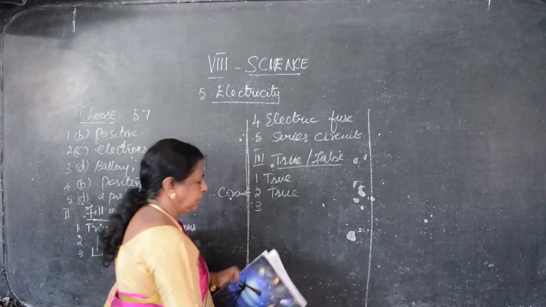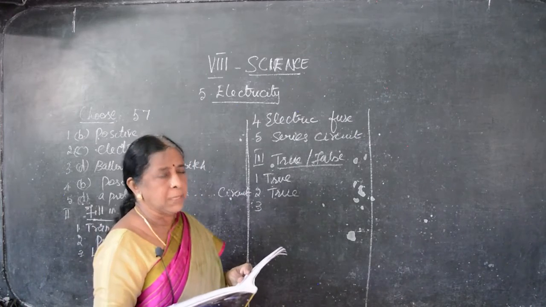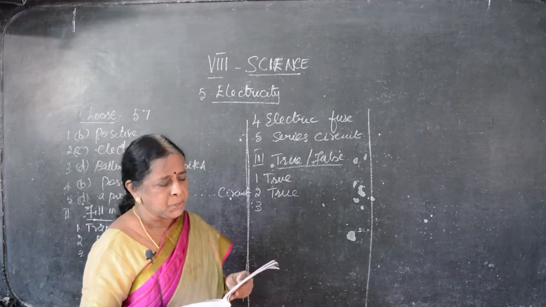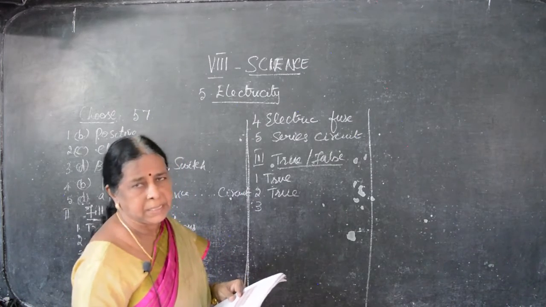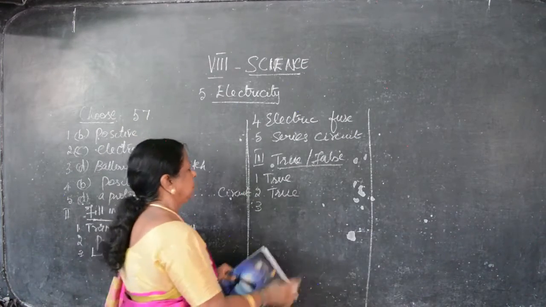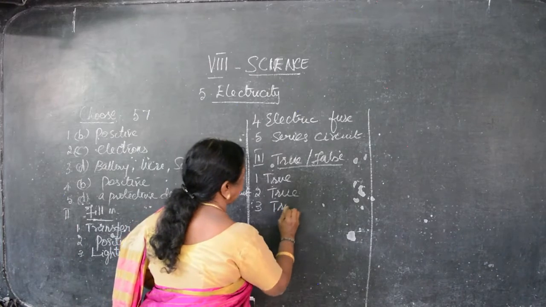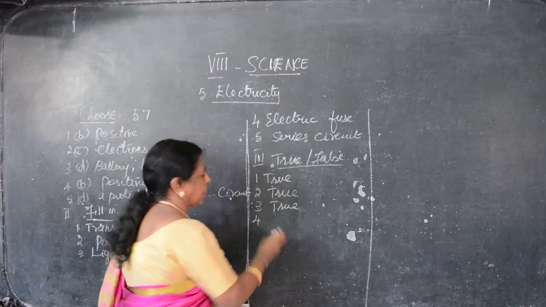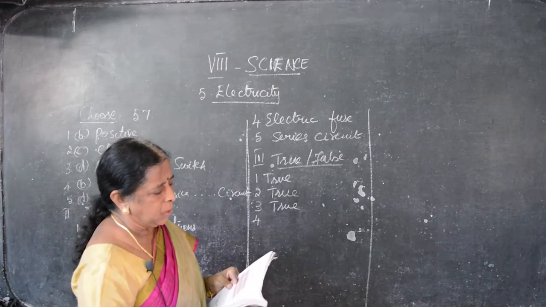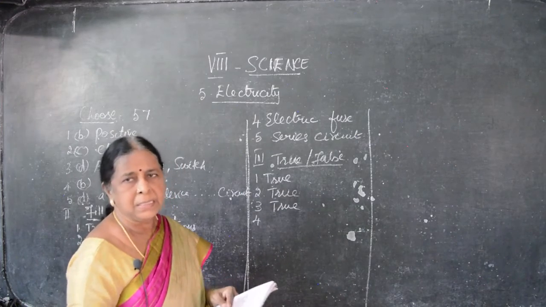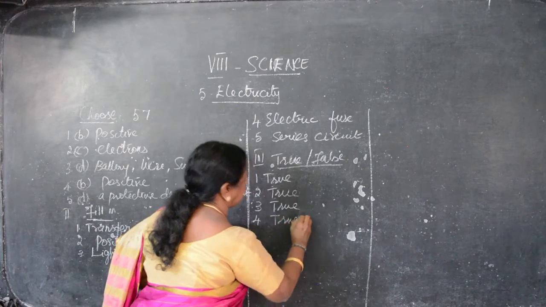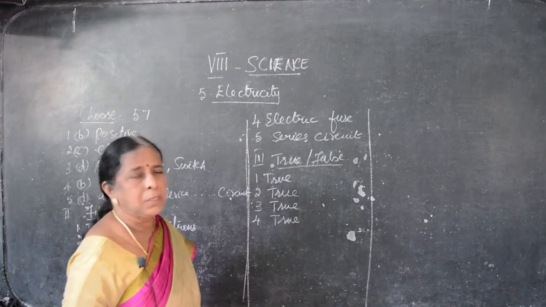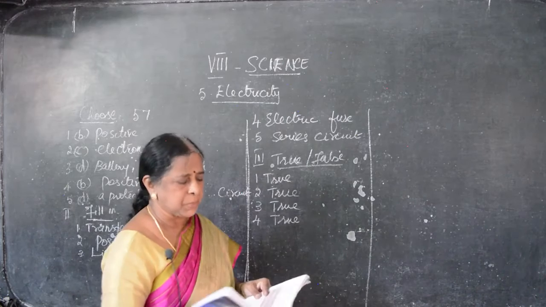And the third one, electroscope is a device used to charge a body by induction. You have studied, it's a device. True. The fourth one, water can conduct electricity. Yes, the electricity you have taken from water is known as hydroelectric power. So all the options are true.